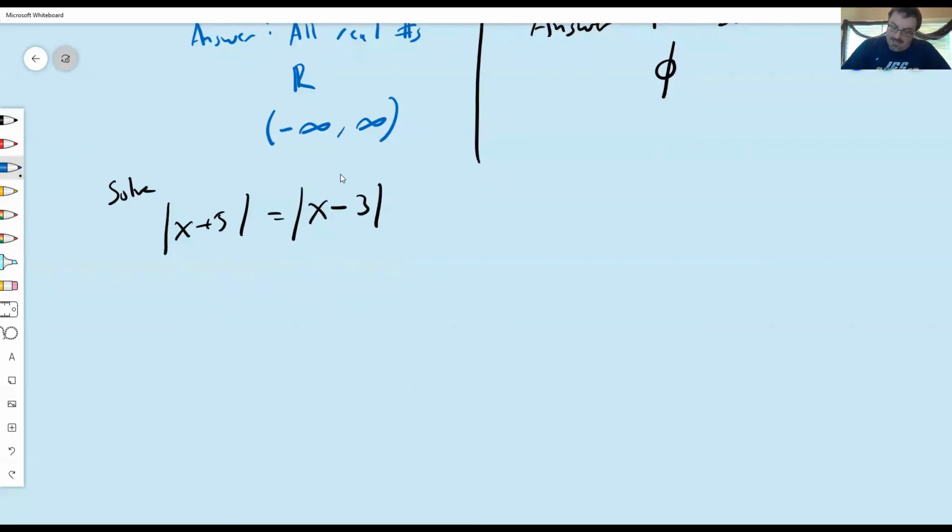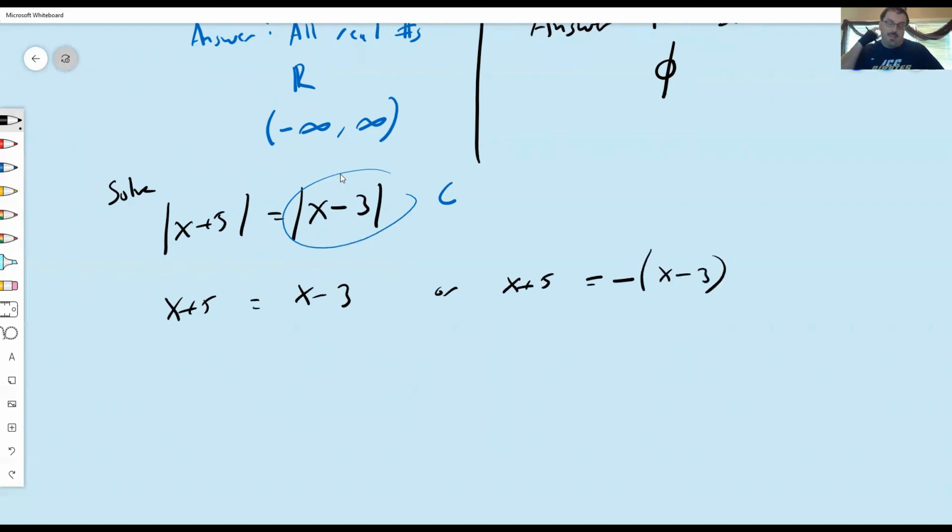If you treat this like the c value, it's going to be the inside, x plus 5, equals positive c, in this case positive x minus 3, or the inside equals minus the other side, so minus x minus 3, and you lose the absolute values when you do that.